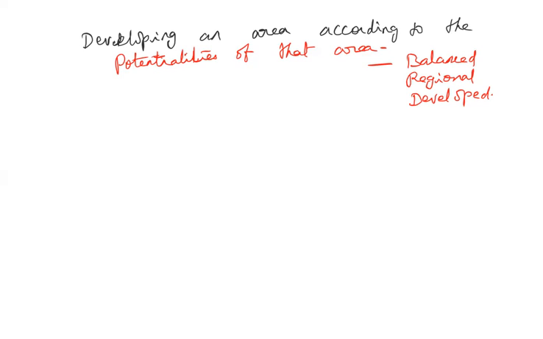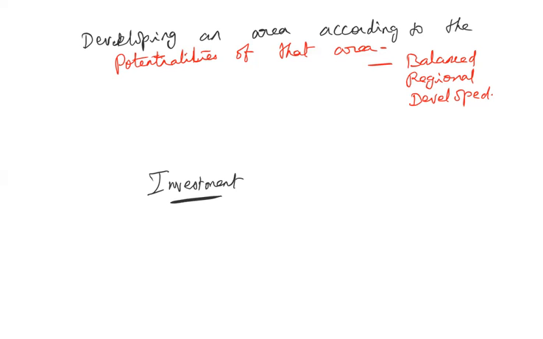But that doesn't mean you should ignore those areas because they are hilly, because their geographical conditions are not favorable, because they are in the desert region, or because the area is drought prone. So what is the main cause and consequence here? We have seen it is investment. Investment is going only to the forward areas. That should not be there.